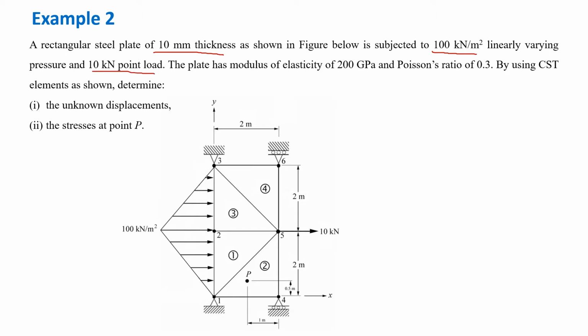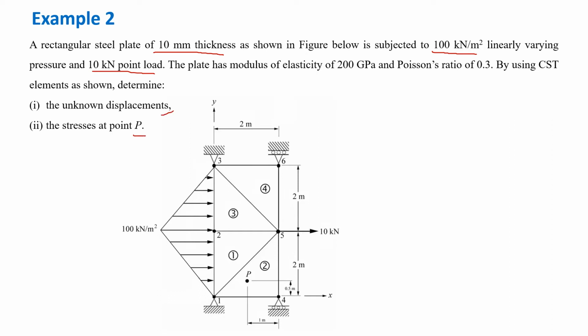The plate has a modulus of elasticity of 200 GPa and Poisson ratio of 0.3. By using CST element, determine the unknown displacement and the stresses at point P.